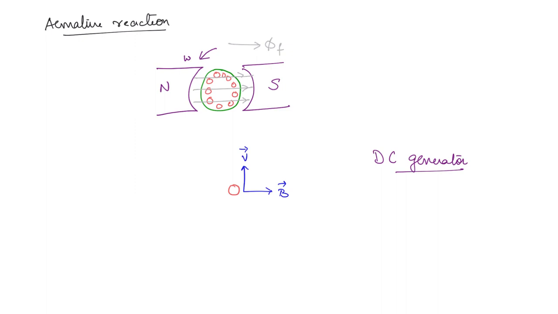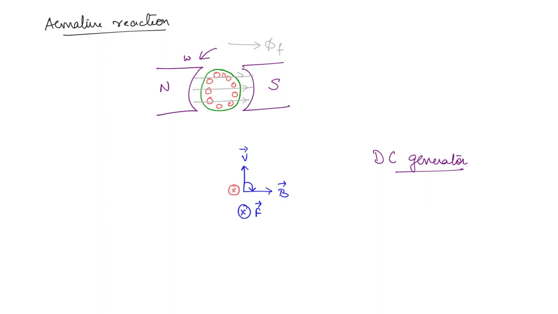So what will be the direction of force? If you do the right hand cross product rule, V cross B, then you get that the force direction is going to be into the plane. So the positive charges will experience a force directed into the plane, okay. Then the direction of current is going to be into the plane.